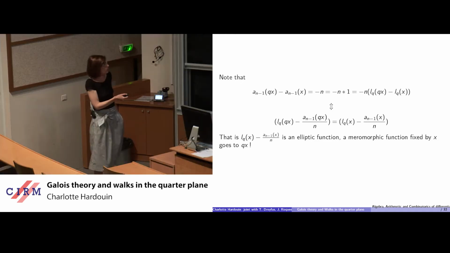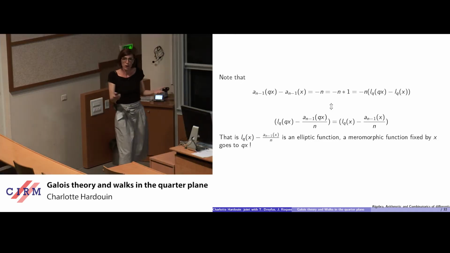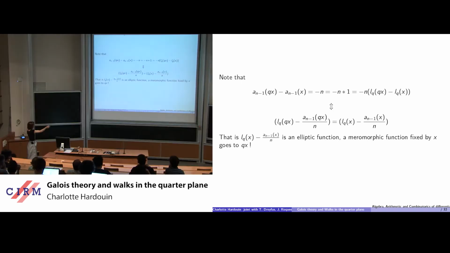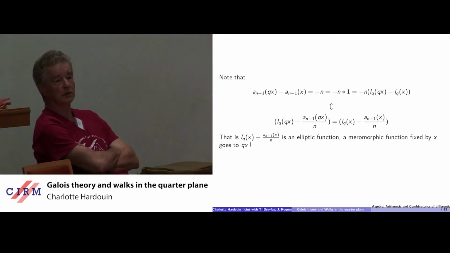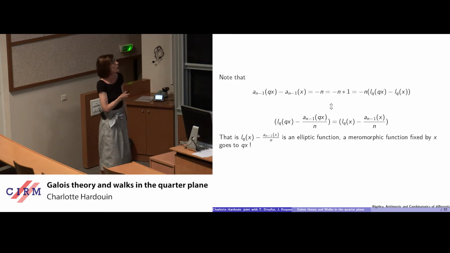And this tells you that if the q logarithm is algebraic, then it must be some rational function plus an elliptic function. So when you know that there is a relation, you can read it through the coefficient, and then you can go back and deduce a certain relation on the function.